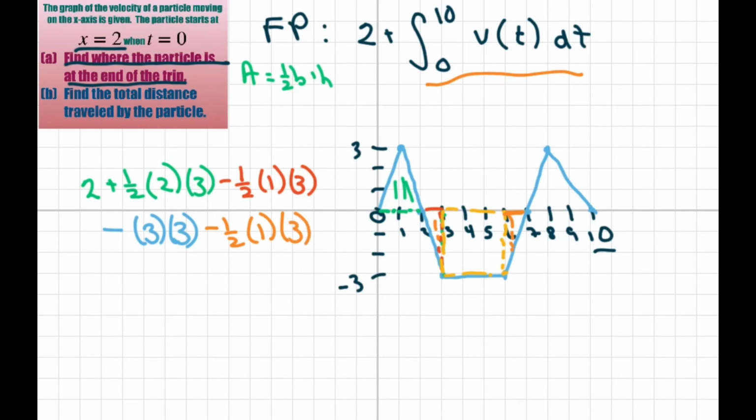And then we finally have this upper triangle here. That's going to be plus 1/2 times 3 times 3. When you add all this up, you get negative 2.5.